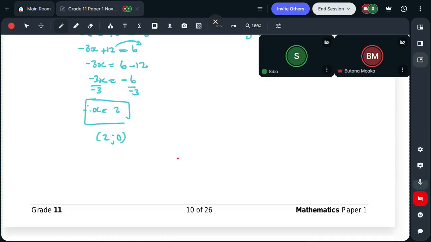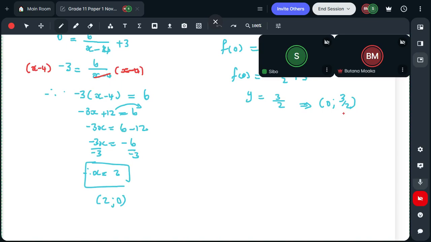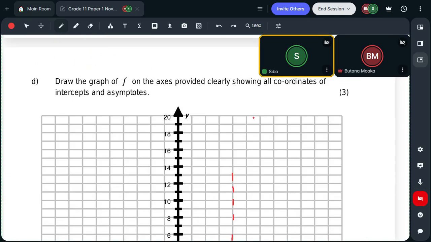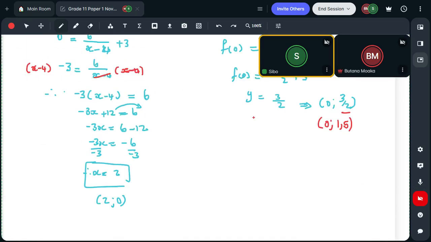And then the y-intercept, can you please say 3 over 2? I think this is 1.5, ne? Yes, sir. Sorry, sir. I'm having a few technical difficulties. I think that's 1.5. And then the horizontal is at where y is equal to 3.